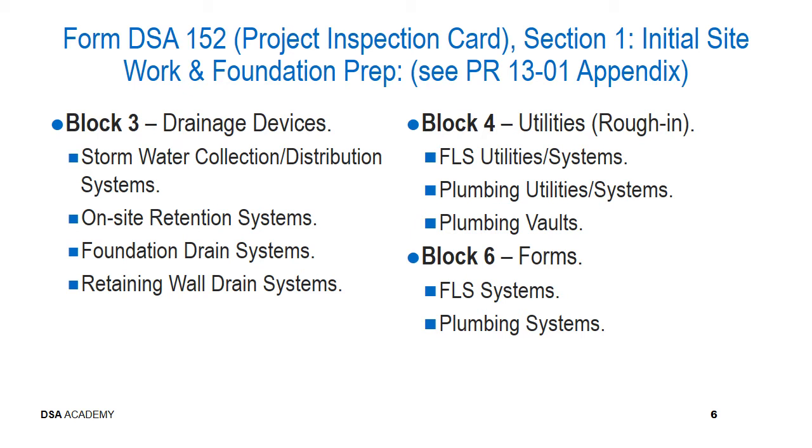So any notations that a project inspector would make on the DSA 152 have to pertain to or be related to structural safety, fire life safety, and access compliance issues. Additional helpful information relating to the DSA 152 is located in the appendix of the DSA Procedure 13-01, which is the construction oversight process.